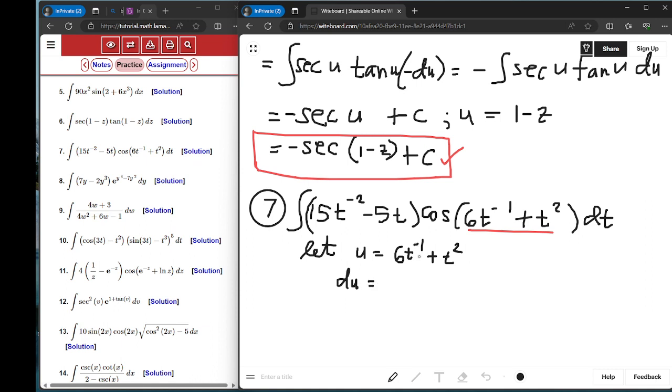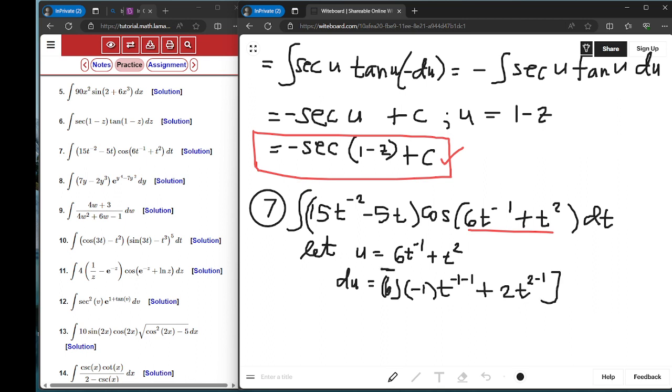6 times negative 1 times t to the power of negative 1 minus 1. Remember that we need to subtract 1 from the exponent when differentiating. Then plus, copy the exponent, t to the power of 2 minus 1.